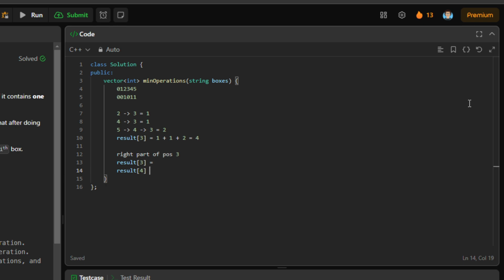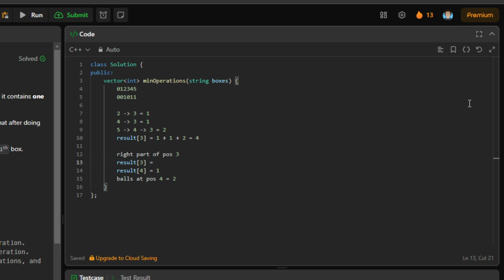So the number of moves to reach position 4 from 5 is only one move. Currently how many balls are at position 4? One ball was already present at position 4, and then we moved the ball from the 5th position to the 4th, so there are 2 balls. So we need to move these 2 balls to position 3.